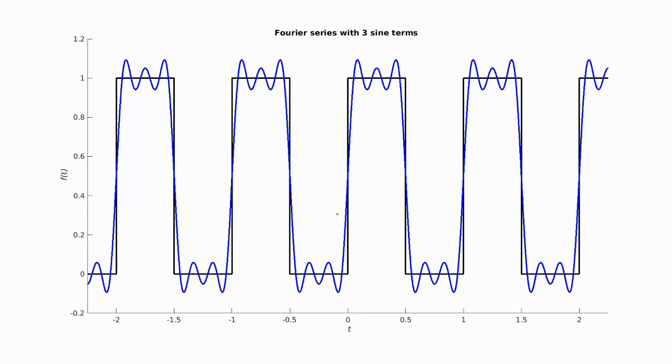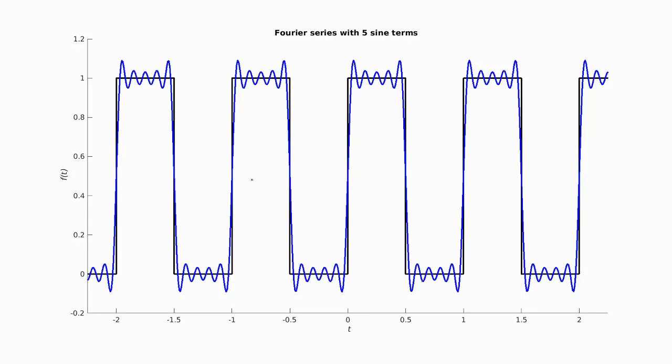So with three sine terms, we see that we are not getting exactly the square wave, but it looks like if we have more terms, we'll approach this square wave. So now let's look at what happens if we have five terms.